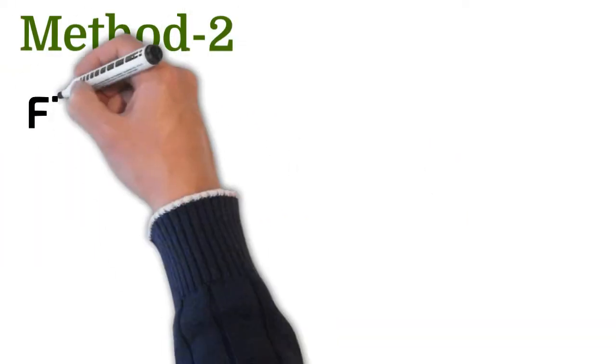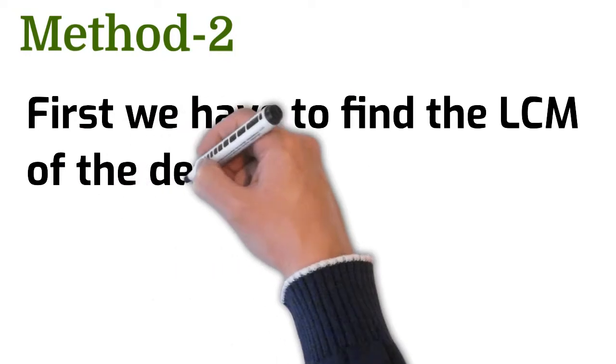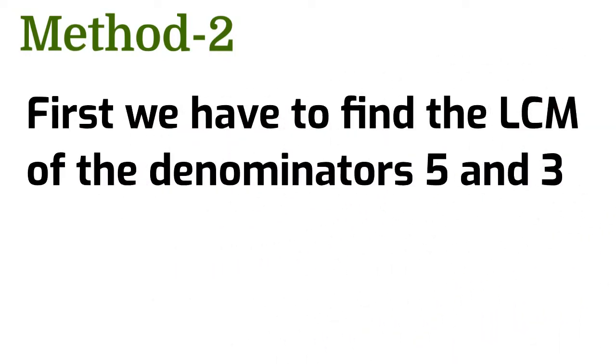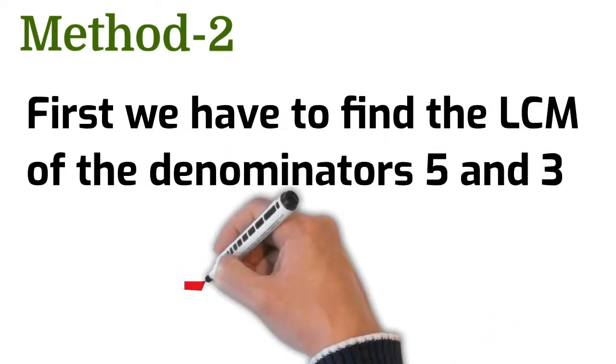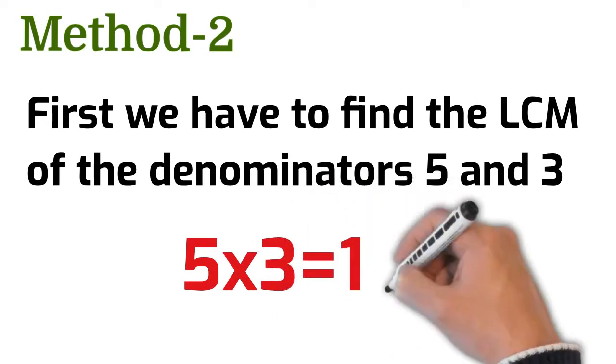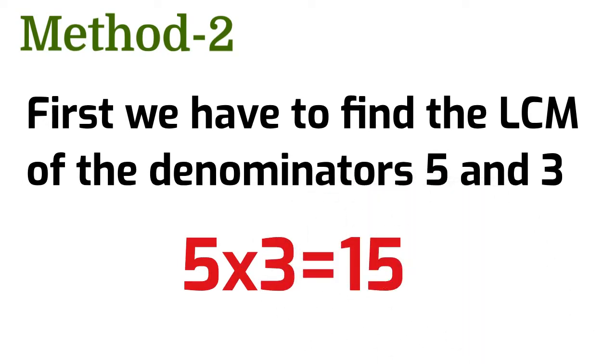In method 2, first we have to find the LCM of the denominators 5 and 3, which is equal to 5 multiplied by 3 equal to 15. Because 5 and 3 are prime numbers and the LCM of 2 or more prime numbers is always the product of them.